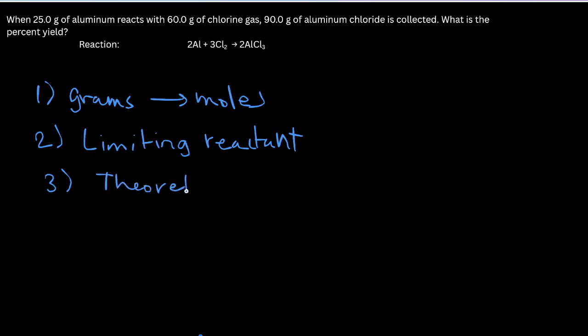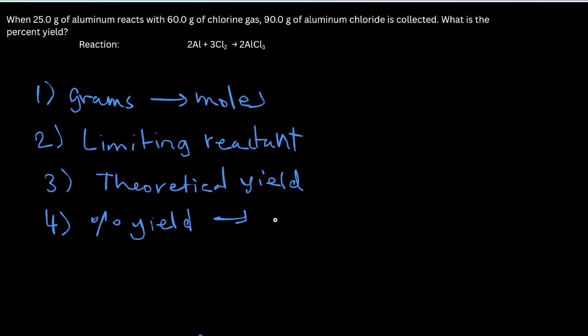Calculate that theoretical yield. How much product should you be getting in theory? And finally, it's just plug and chug. Plug in your actual yield over theoretical yield and calculate that percent yield. And this should lead you to the correct answer every time if you just follow these steps. So again, don't forget to always check for the limiting reactant, even in percent yield questions. That's the step that most people forget.